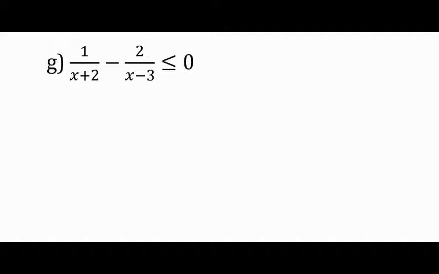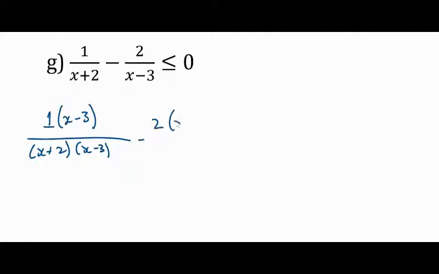So what do we have to do? Same as before, common denominator, but this time instead of a 1, I've got more fractional stuff. Okay, so watch what happens. We get 1 times x minus 3 over x plus 2 times x minus 3, minus 2 times x plus 2 over x minus 3 times x plus 2.